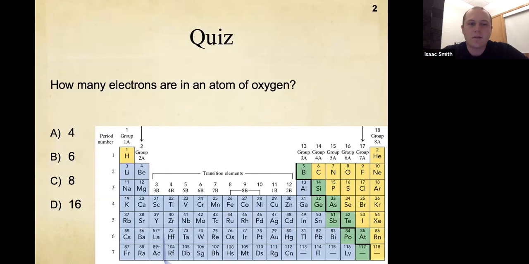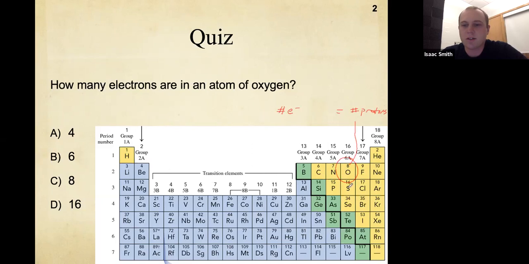If we're looking at oxygen, oxygen is going to be this element right here, number 8. Do you remember the atomic number is equal to the number of protons? And the number of electrons is equal to the number of protons when you have a neutral atom, and they're pretty much always neutral if you don't see a charge.